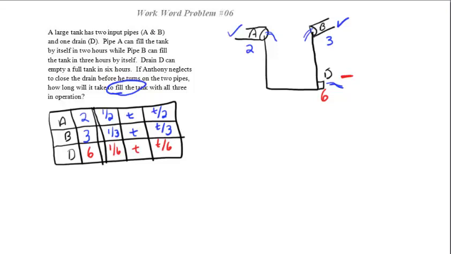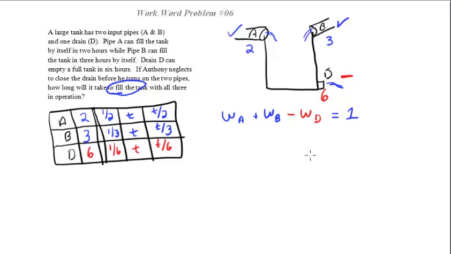Setting up our generic equation, we know that the work done by A plus the work done by B, because they're doing the correct job of filling the tank, minus the work done by the drain, because the drain is working against the assigned job, which is to fill the tank, equals 1.